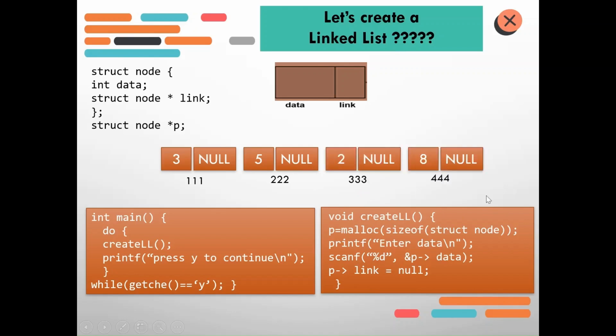Same for this node, same for this node. So in this case, we have allocated memory for 4 nodes. But is this a linked list? No. The answer is no. Why? Because we have just allocated the memory for nodes without actually linking them together. If that was the case, instead of null in the link part, I could have the addresses of other nodes, which we'll be seeing later, right?